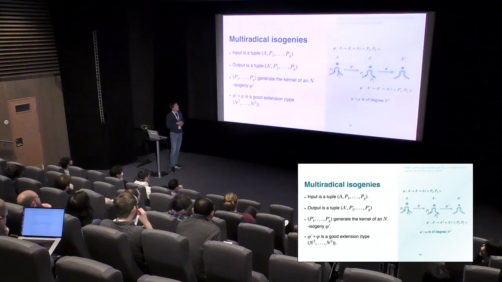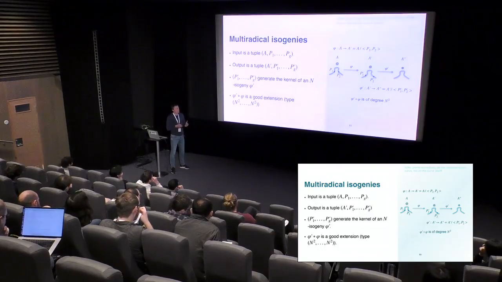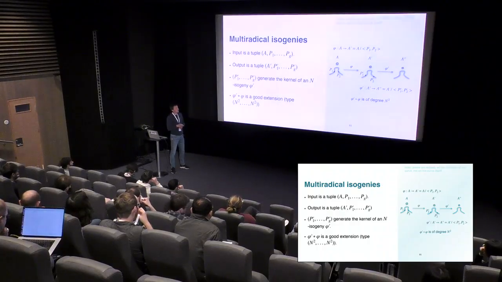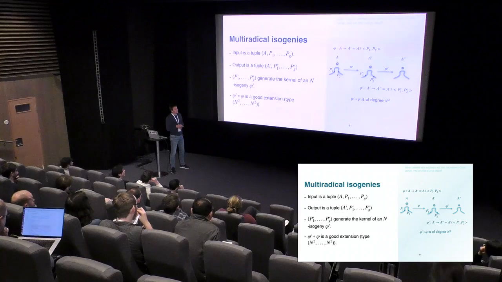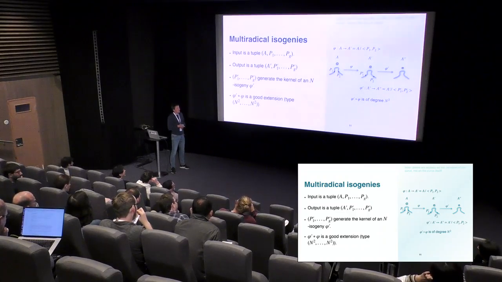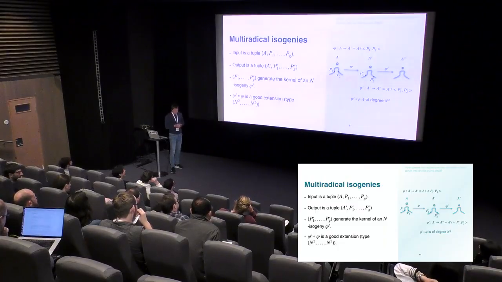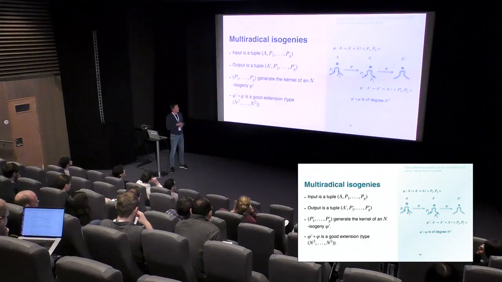There is also a generalization of radical isogenies, which is called multi-radical isogenies. So basically it's the same, but instead of an elliptic curve you have an abelian variety, and instead of 1 point you have g points, where g is the genus. And you have formulas to compute these new points that form a kernel for phi prime. And what we did in our work is we came up with new radical formulas to compute isogenies.